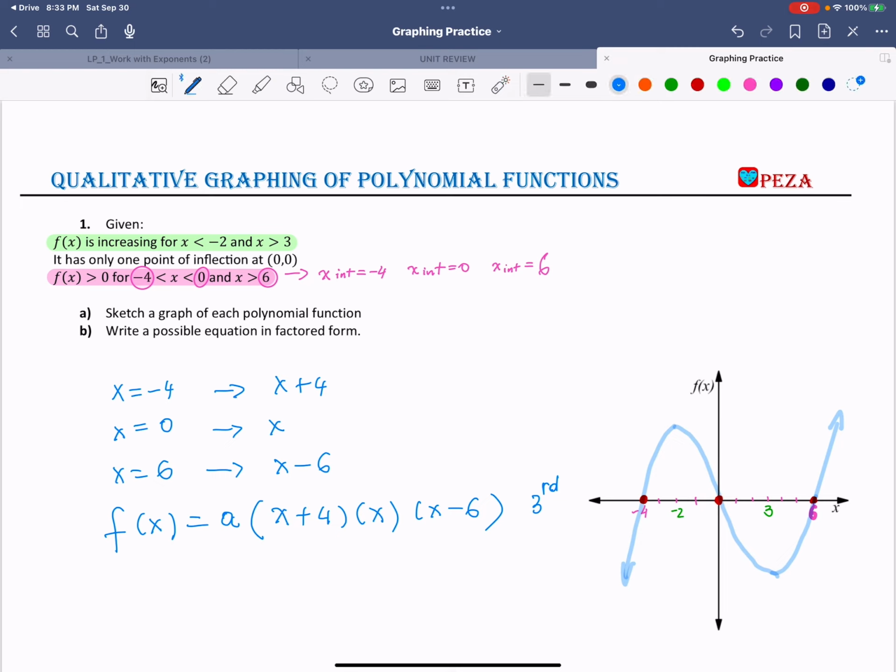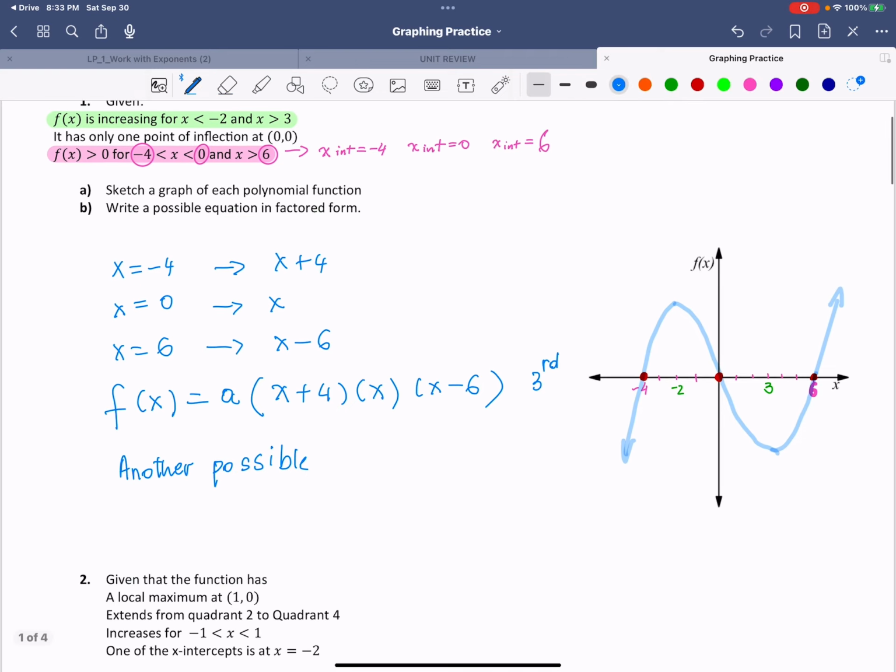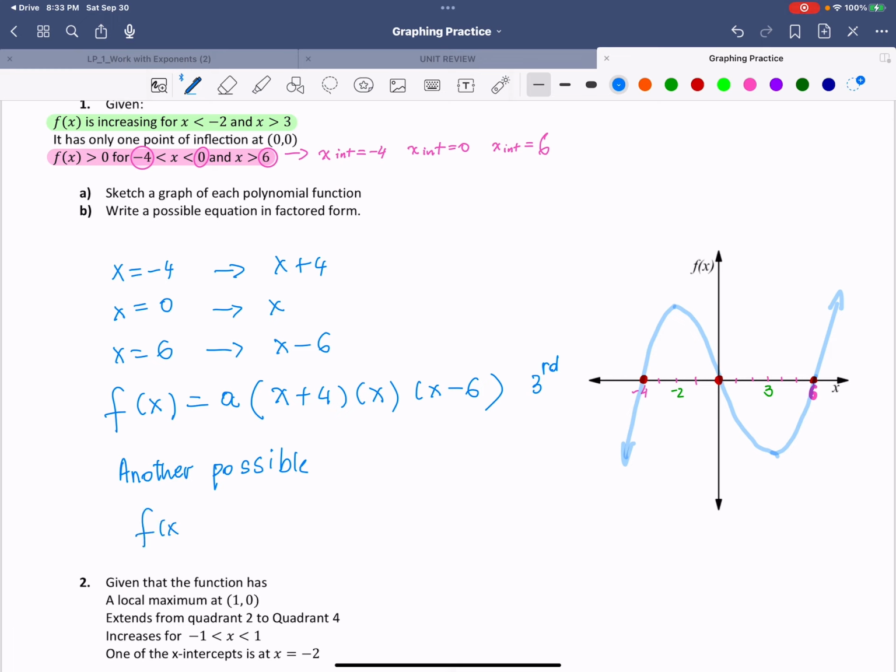So another possible equation would be the same as we have before: f of x equals a times x plus 4, times x to the power of 3, times x minus 6.